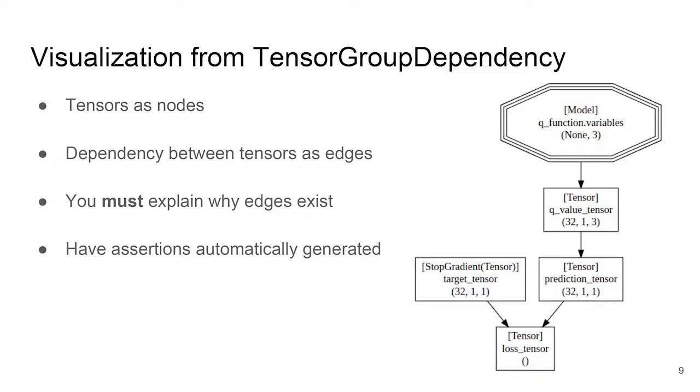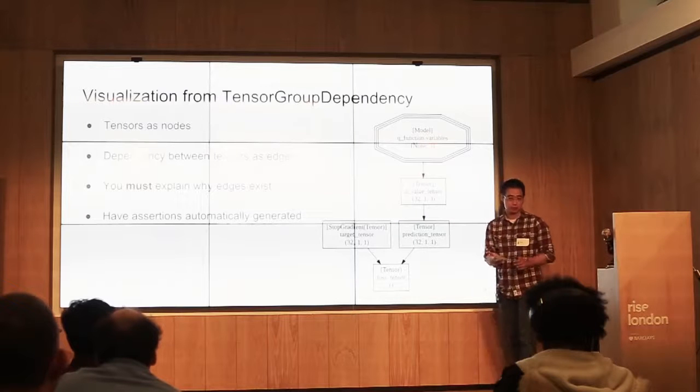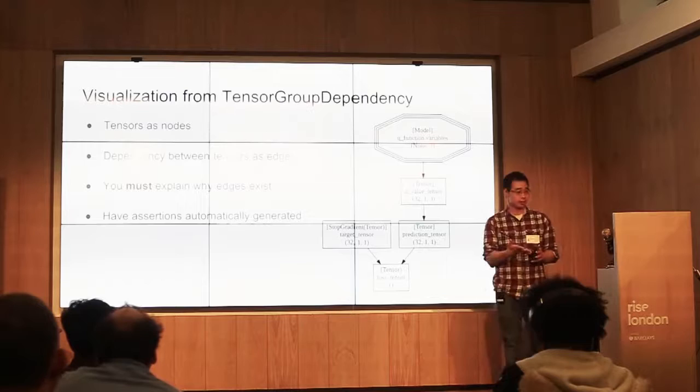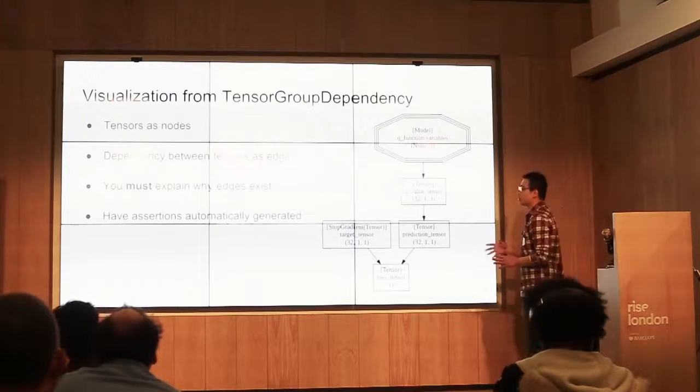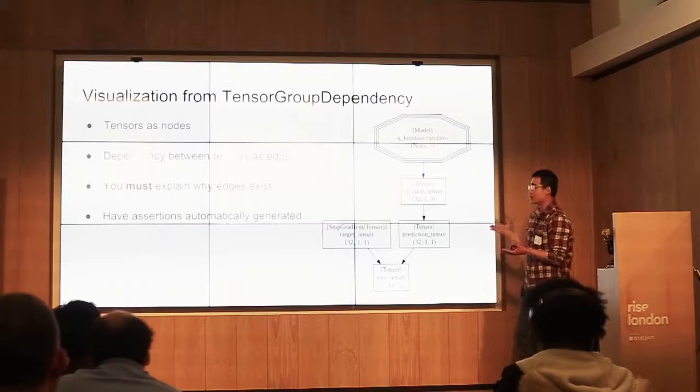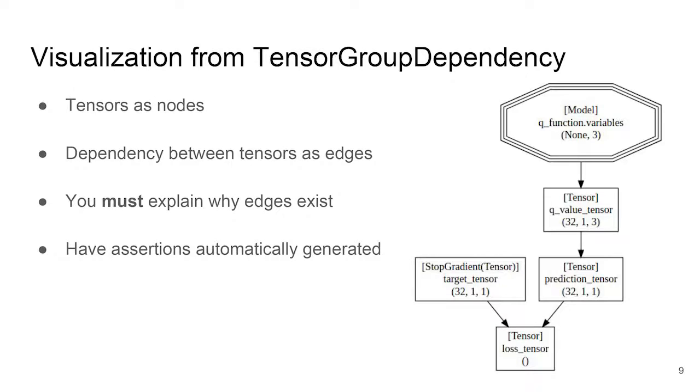So here is a much simpler part of your TensorFlow graph describing the dependency among those prediction, target, and loss tensors that you introduced, you created. Let's see what the graph means. Every node represents a set of tensors.